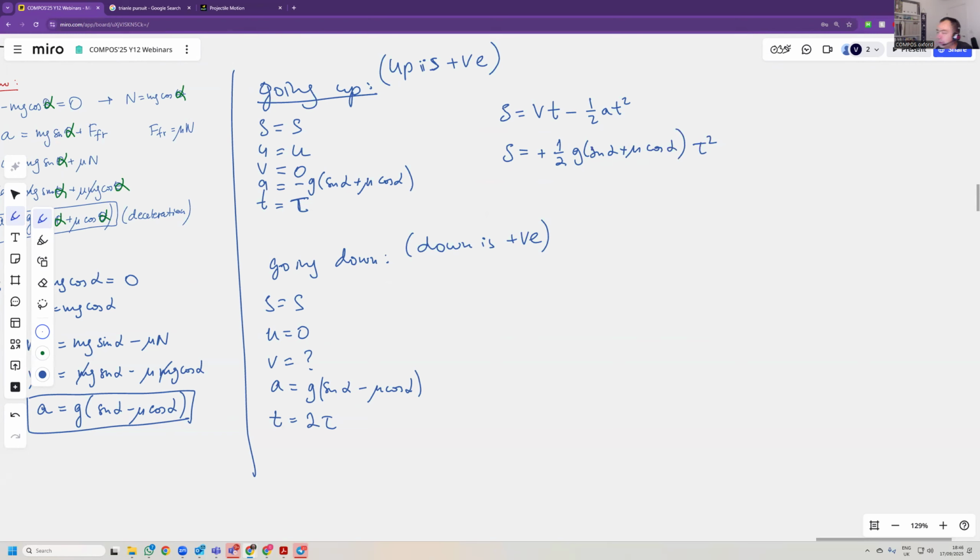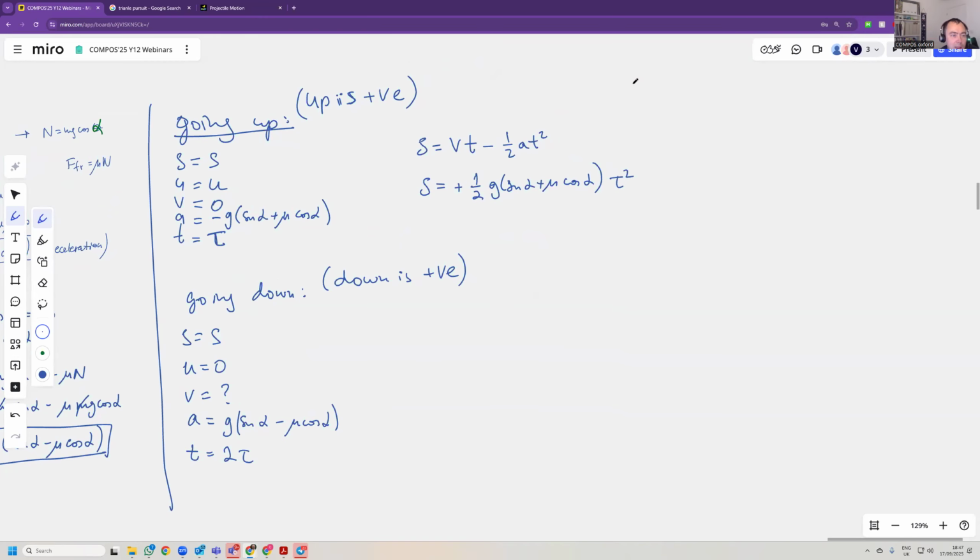This is the distance. Then we have s equal to, using ut plus 1/2 at squared, s is u, so 0, plus 1/2 multiplied by g (sine alpha minus mu cos alpha) multiplied by t squared, and t is 2 tau, so it's 4 tau squared, because it's double the time.